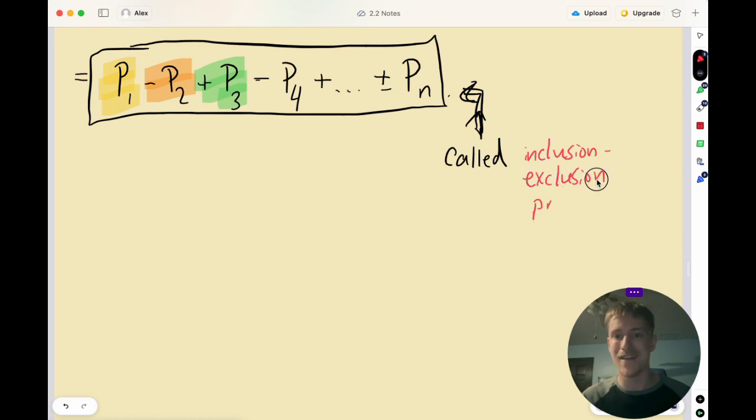Can you guess why? Because we are first including all the single events, we are excluding all the double intersections, then we're including all the triple intersections, and so on and so forth. I think it's a really clever name, and it honestly helps me remember the formula a lot better.